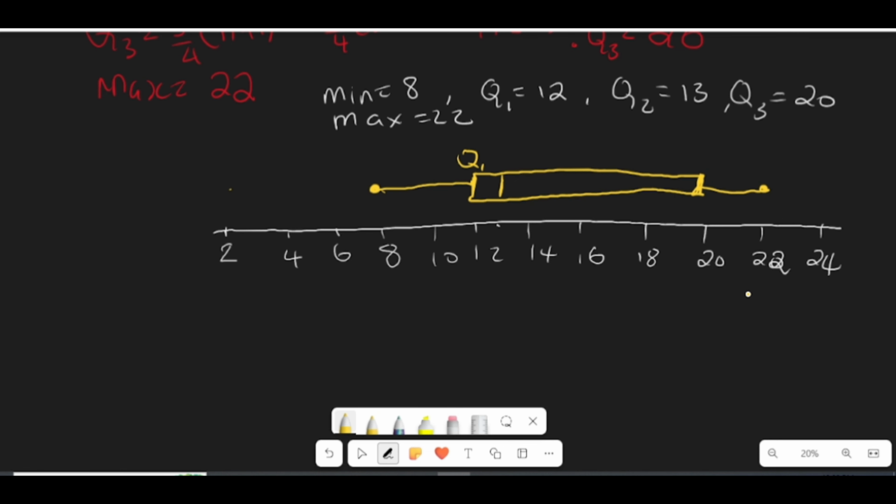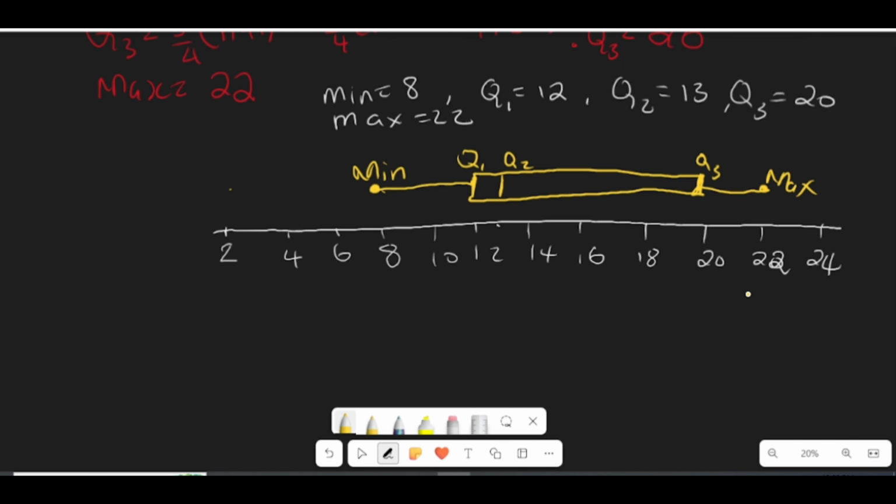This is Q1, Q2. That's our Q3. Always label these, guys, so that the examiner can see clearly what you're writing. There you go. Then you can comment on the data. It looks like most of our data is on the right hand side.